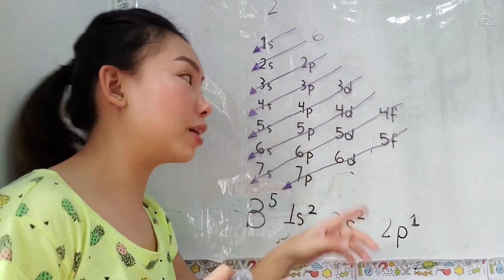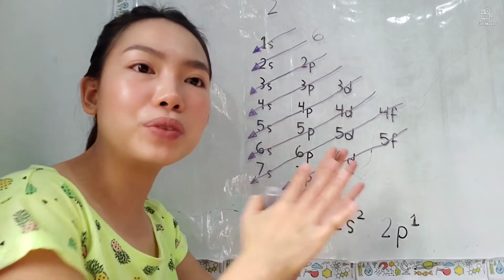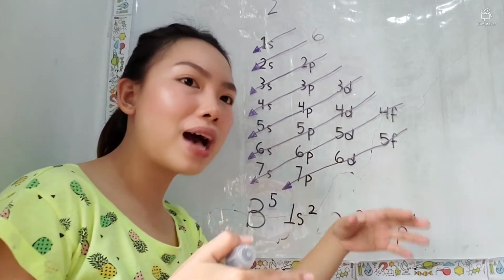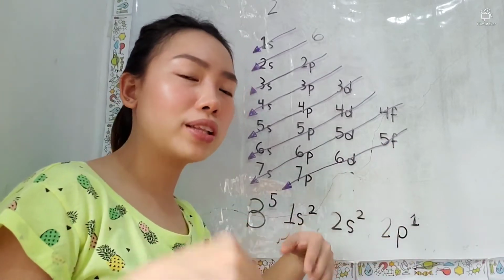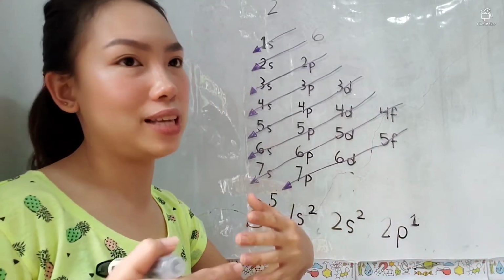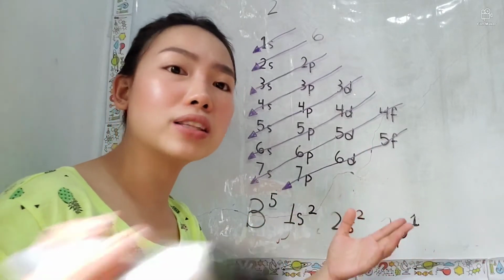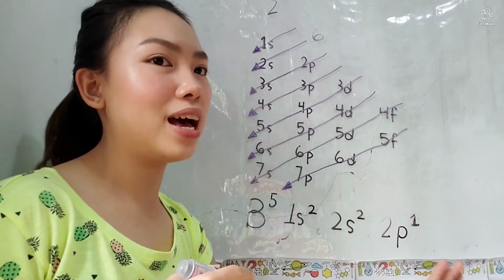Kaya nga sabi natin, it can hold a maximum number of 6. Meaning to say, kaya niyang humawak ng electrons hanggang 6, pero pwede namang mas maunti sa 6. Pwedeng 1, 2, 3, 4, 5, hanggang 6. Huwag lang lalampas sa 6.